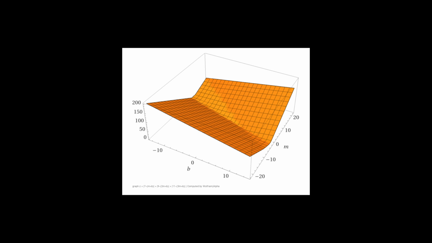The lowest point in the valley will be at m equals 2, b equals 5. These are the parameters with lowest loss. The goal of all of machine learning is to take some sort of valley like this and find the lowest point. Find the parameters that minimize the loss.